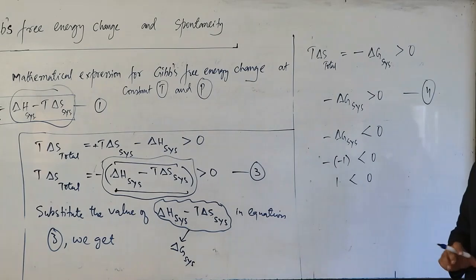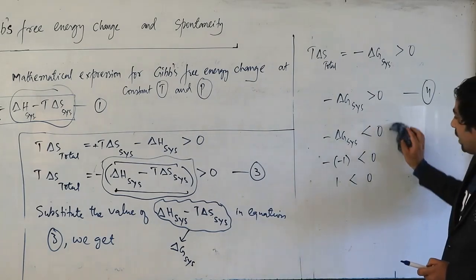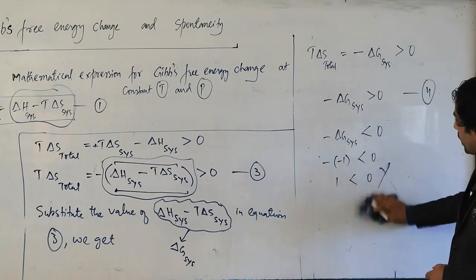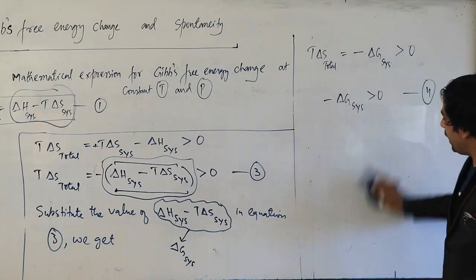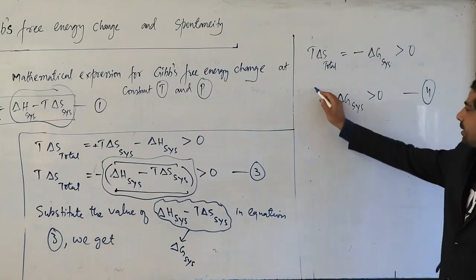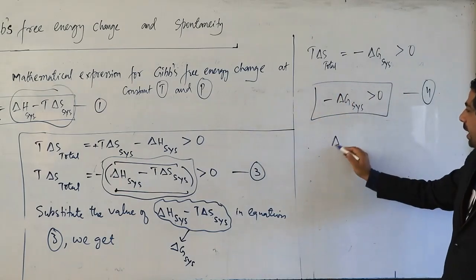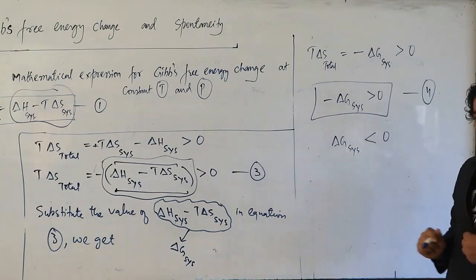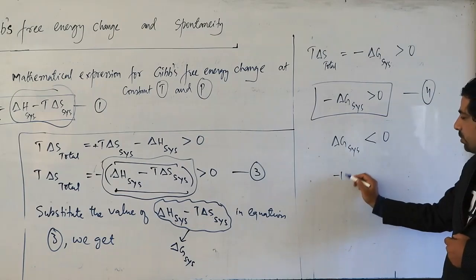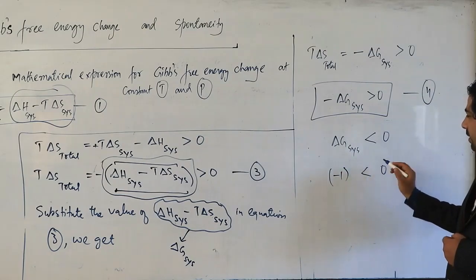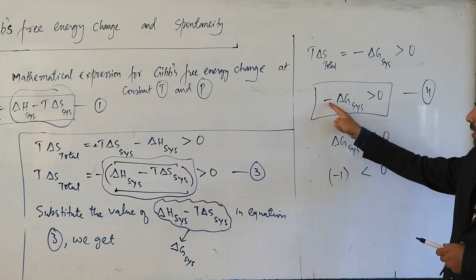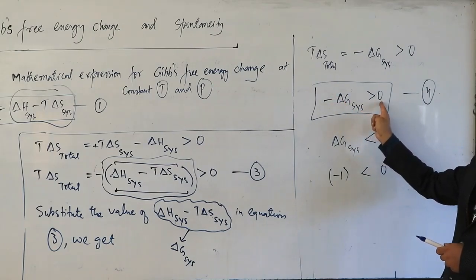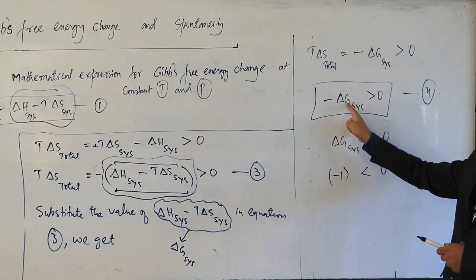So this is not possible. Then what can I do, my dear friends? Have a look. I will write this above. I hope you are understanding. This is not possible. So what I am going to do, have a look. I can write now, in place of this, delta G system is less than 0. No problem. Because what was the value of delta G? I kept minus 1. Obviously minus 1 is less than 0. I am not using the negative sign here. So minus delta G is greater than 0, that we can understand, because this delta G value has to be negative only.